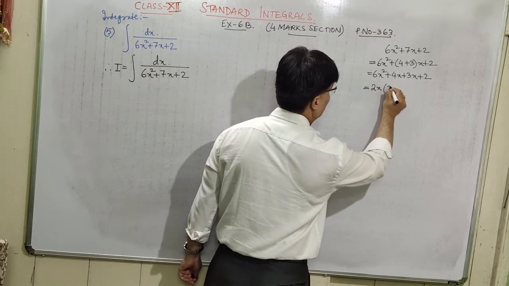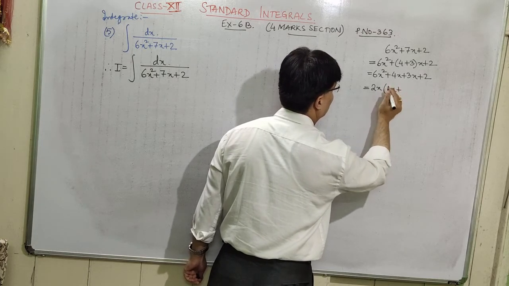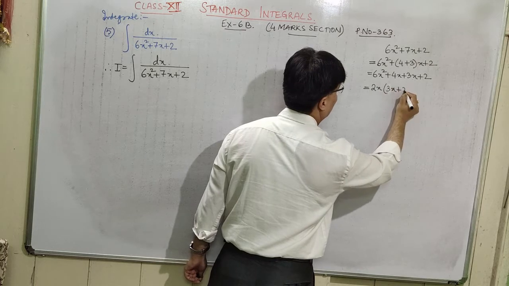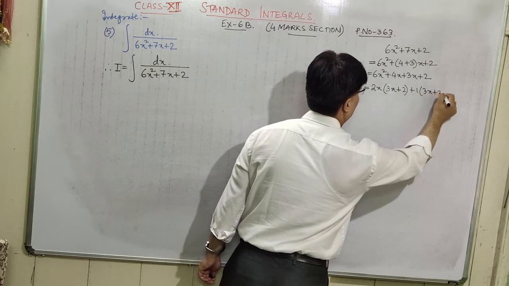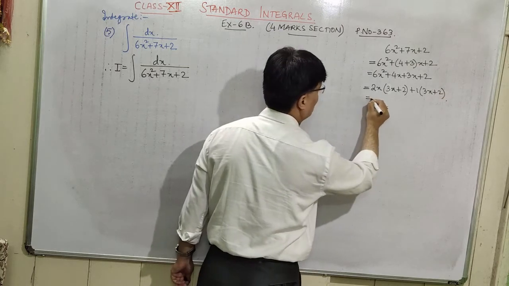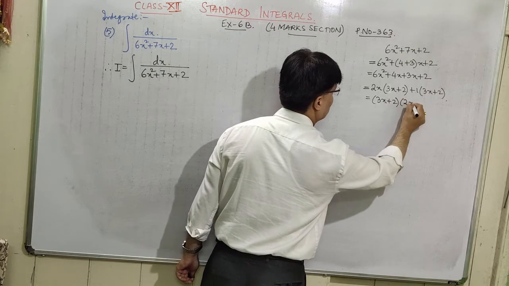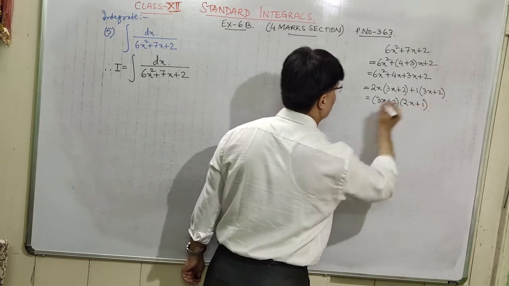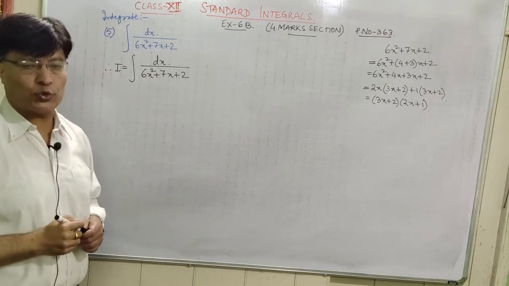So 2x within bracket, oh sorry, this is 3x plus 2, plus 1 common. So it is 3x plus 2, which is equal to 3x plus 2 into 2x plus 1. So these are the factors of 6x square plus 7x plus 2.